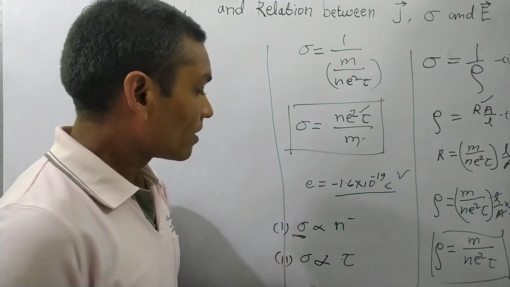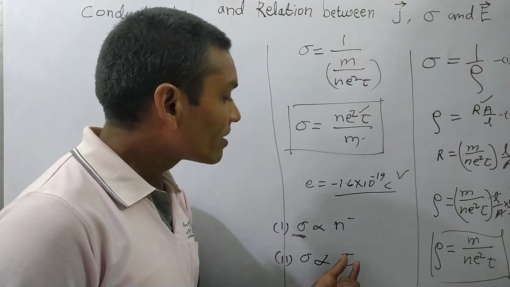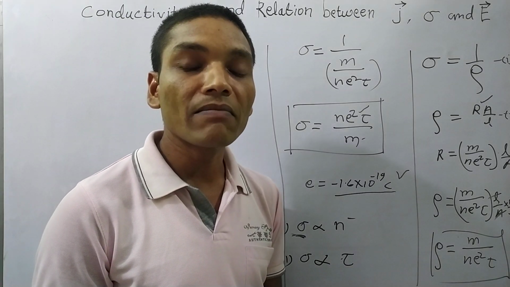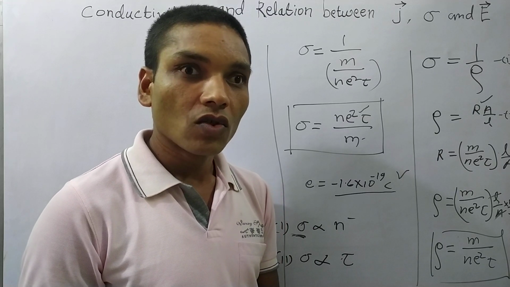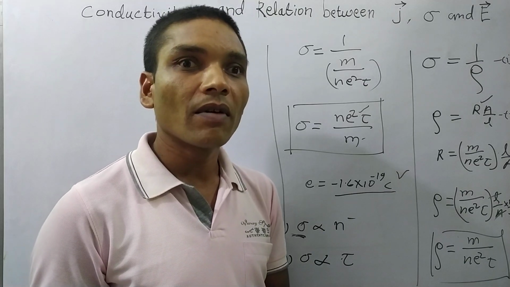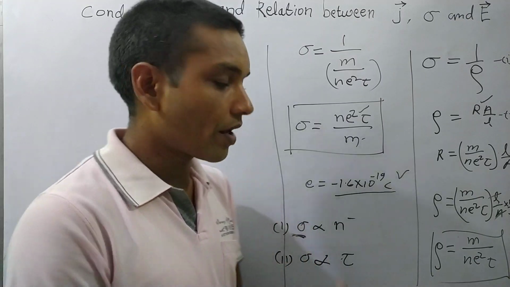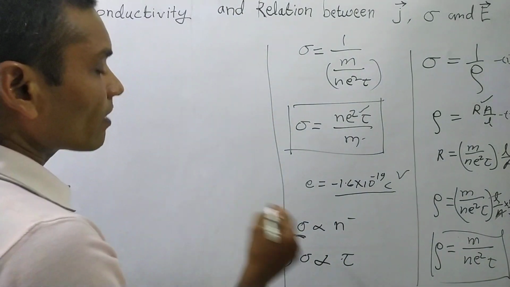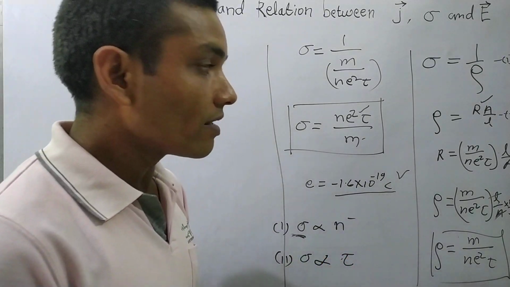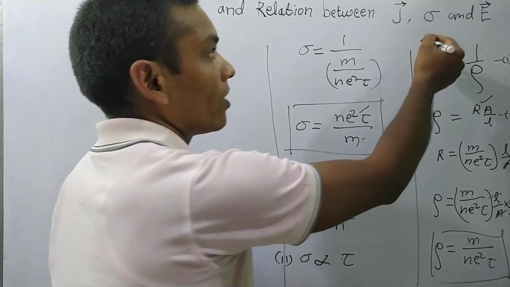Second, the conductivity also depends on tau. What is tau? Tau is the relaxation time of a free electron. This is the time taken by the free electrons between two successive collisions.